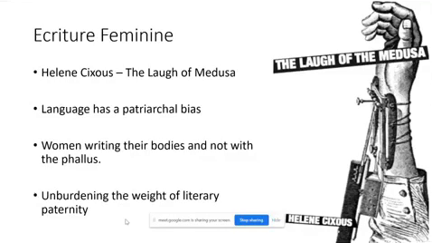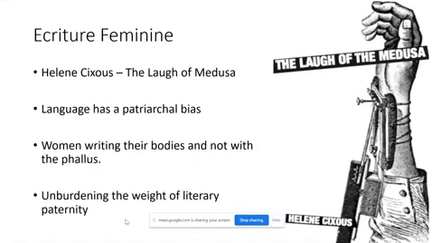And Cixous's claim was, how on earth can women be comfortable with this kind of language which does not even belong to them? So where second wave feminists were talking about taking ownership of your body, reclaiming your body, Hélène Cixous was talking about taking ownership of language and writing style.